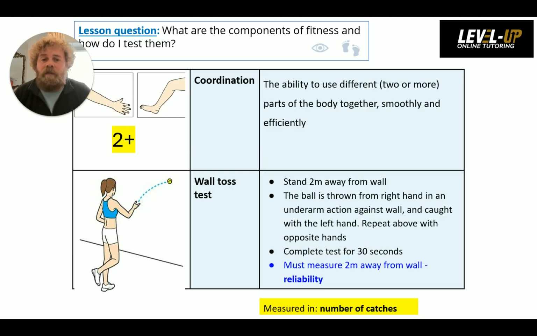The ball is thrown from the right hand in an underarm action against the wall. It is then caught with the left hand. You then repeat the above with the opposite hands, and you complete the test for 30 seconds. So in terms of reliability, you must make sure that you are 2 meters away from that wall. And the way we measure the results is by the number of catches.